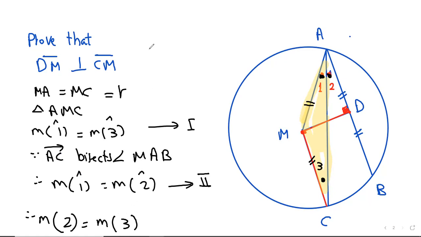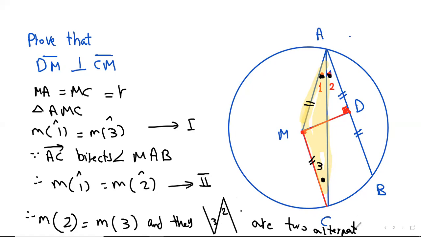Let's focus on angle 2 and angle 3. Because angle 2 equals angle 3, they are two alternate angles.